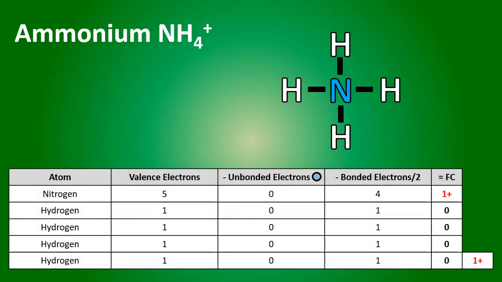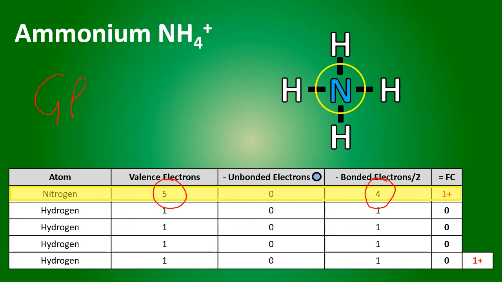It's the same process. Go with the idea of drawing a circle around each atom. What we can see there is the nitrogen, and we've got 4 things within the circle, 4 covalent bonds. So we've got group 5 for nitrogen, no unbonded electrons, minus the 4 things in the ring.